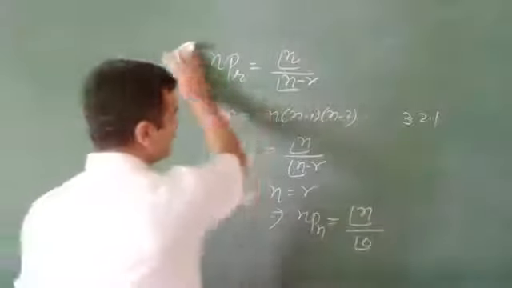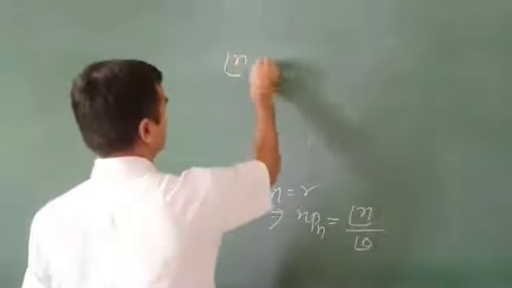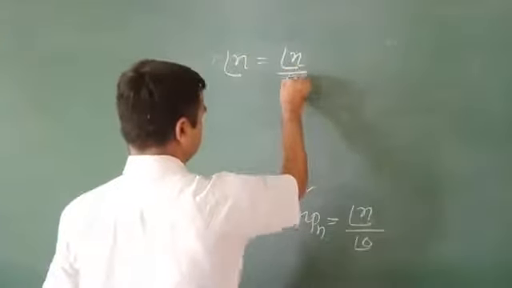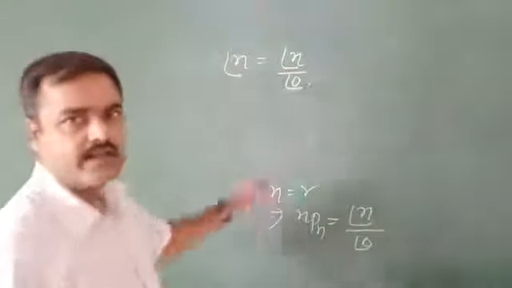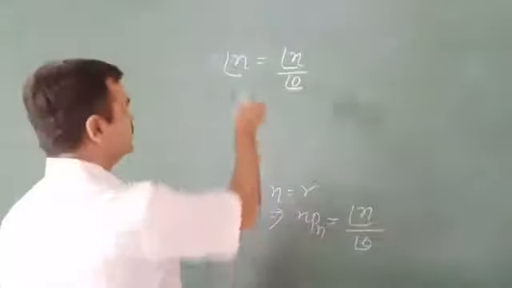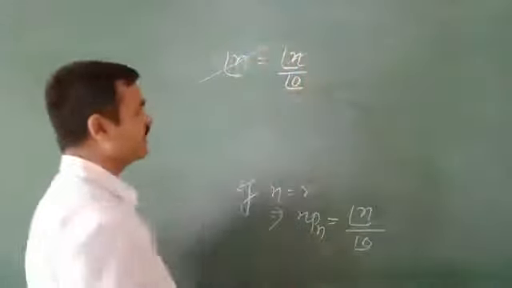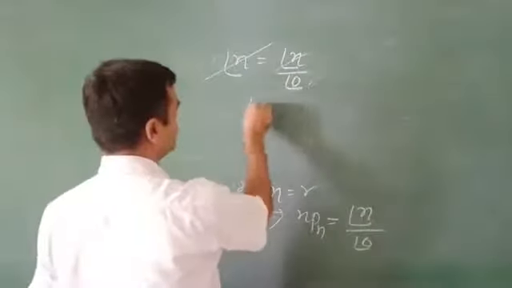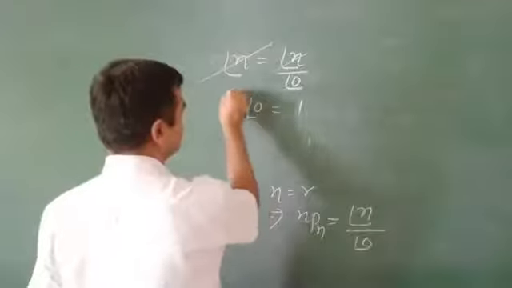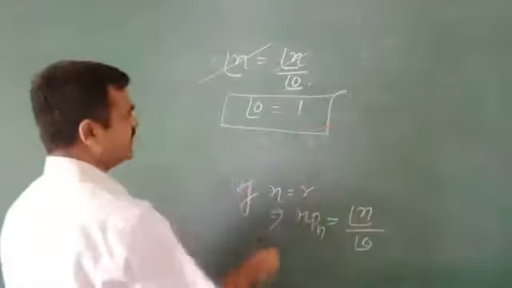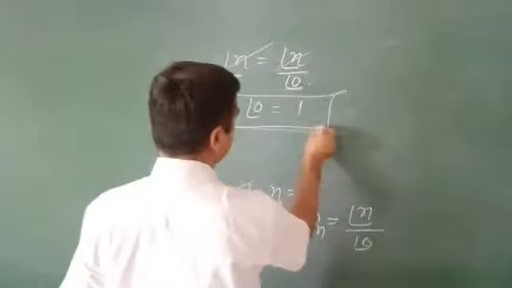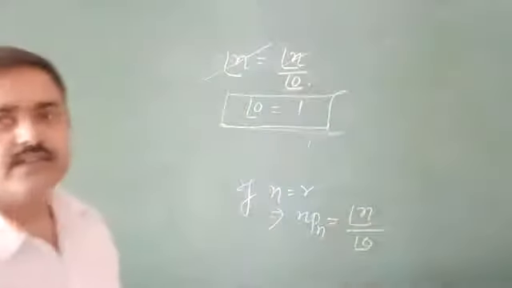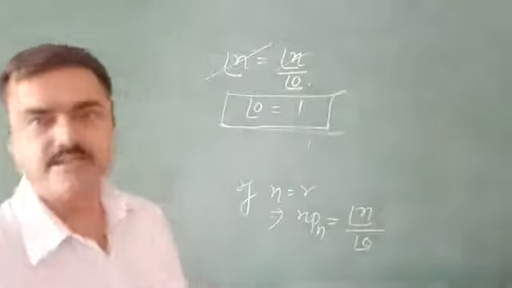So this can also be written as factorial n equals factorial n upon factorial 0. Now the factorial n you may cancel out by the cancellation law, and the result is factorial 0 equals 1, which is a very important result. If someone asks what is the value of factorial 0, then you will say factorial 0 is 1.